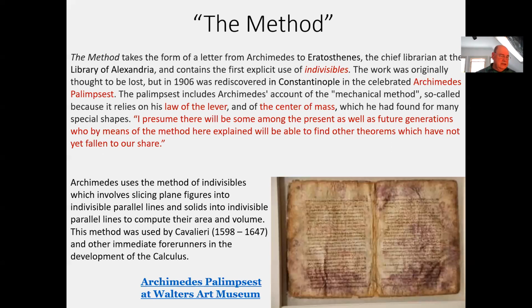And let me end the class by reading a quote, not from him, but from the great historian of math, Heath, who translated all of Archimedes, and translated Euclid and Apollonius. He's the great translator. He sums up Archimedes' work in this way.